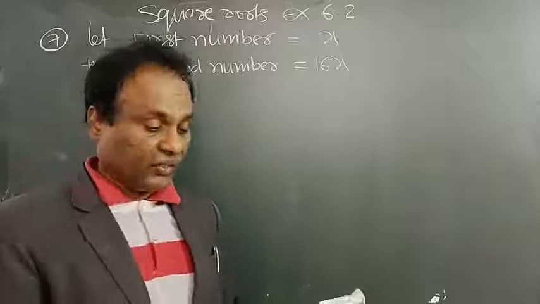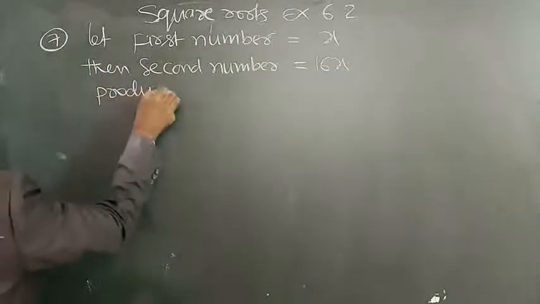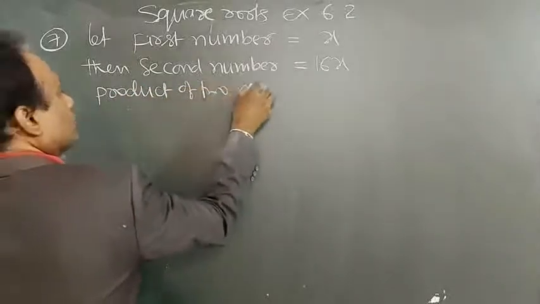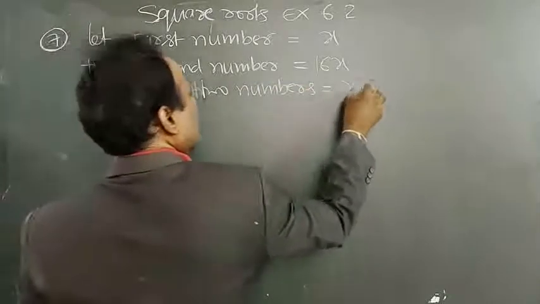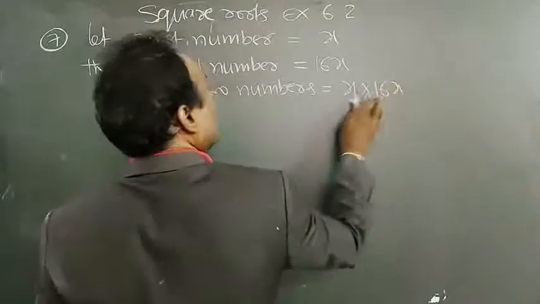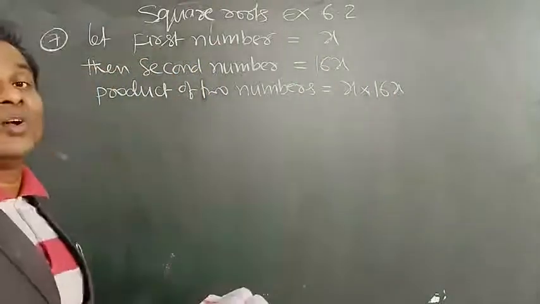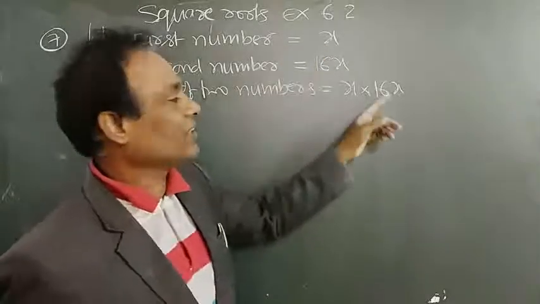The product of these two numbers. Product means multiplication, x into 16x. One number is x, the other number is 16x.